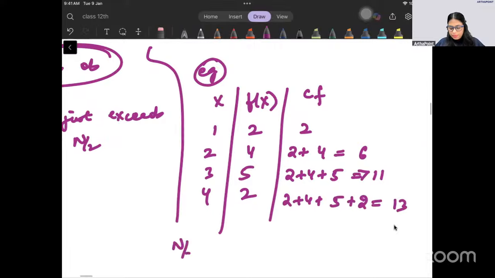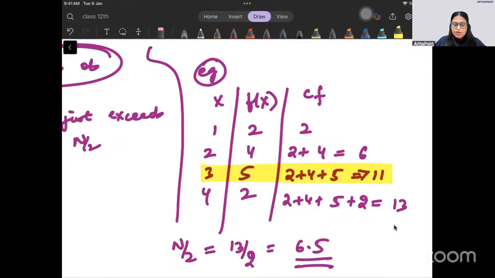Now I will do n by 2, 13 divided by 2, 6.5. And find that observation whose cumulative frequency exceeds 6.5, meaning this one, because here the CF is coming 11. So this becomes my median.